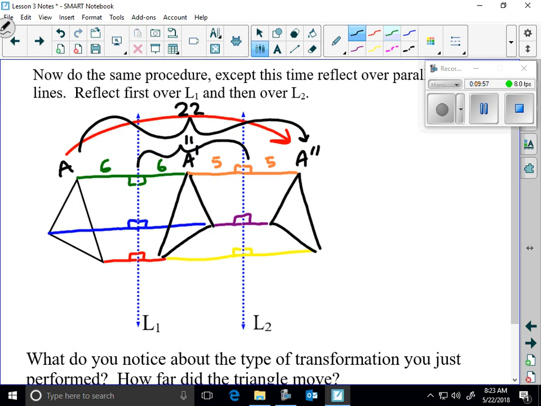So the translation from A to A double prime is 22 if the distance between the parallel lines is 11. That always holds true, always. That's kind of fun.